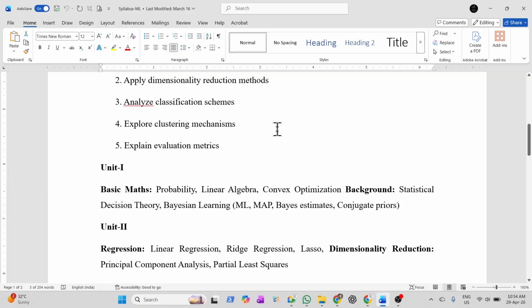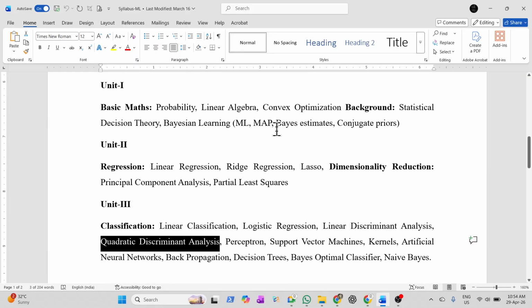Well, students, we have already covered Unit 1 and Unit 2. Can anyone tell me the definition of machine learning? Please be quick in answering.